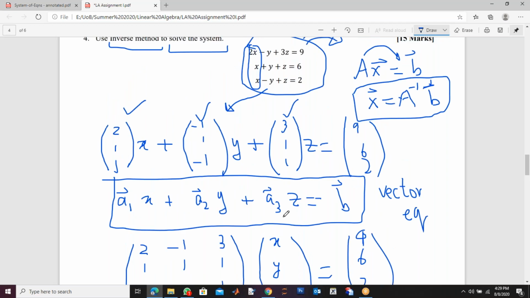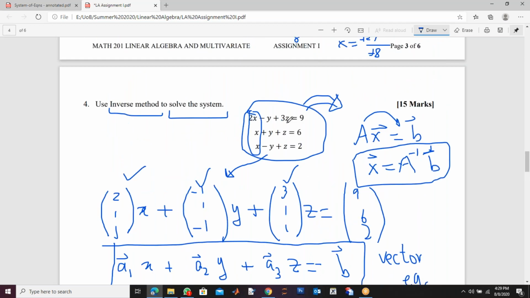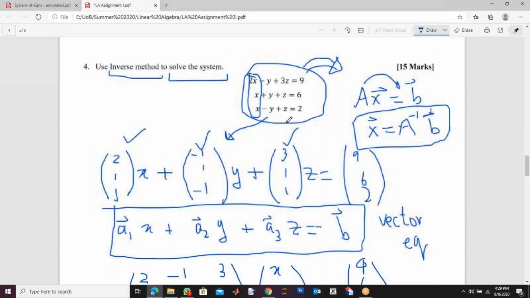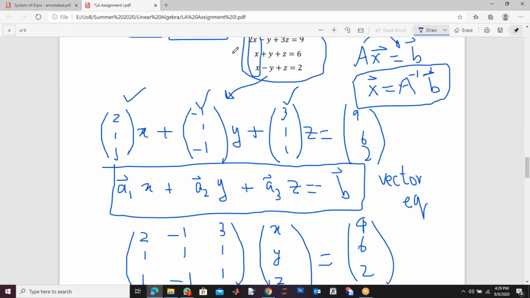What is the second row? 1 1 1 with x y z: 1 into x plus 1 into y plus 1 into z. You see the second equation, x plus y plus z. Now the third is 1 into x minus 1 into y plus 1 into z, so x minus y plus z. Exactly, you are getting it right.